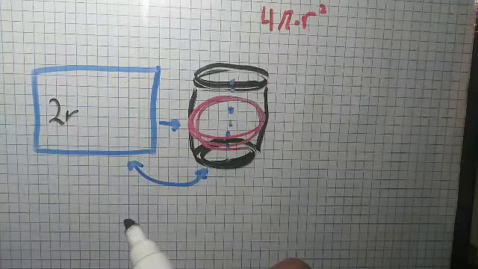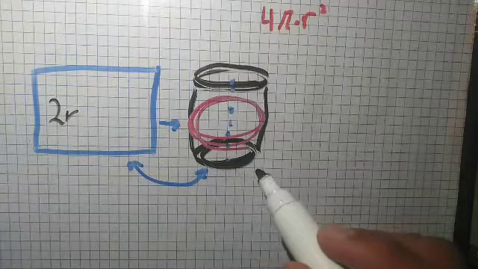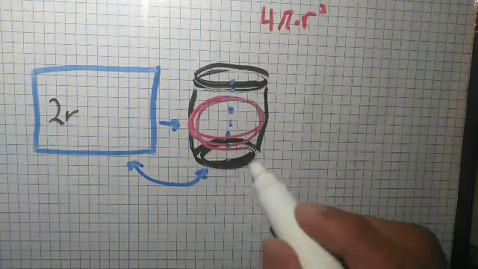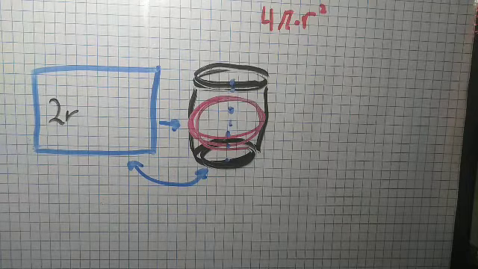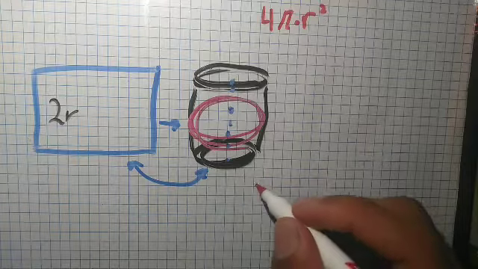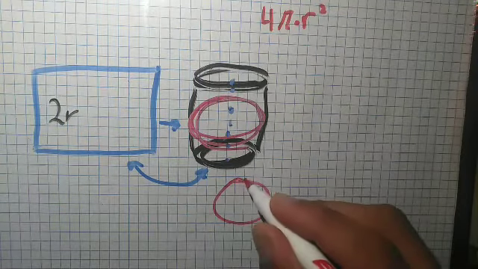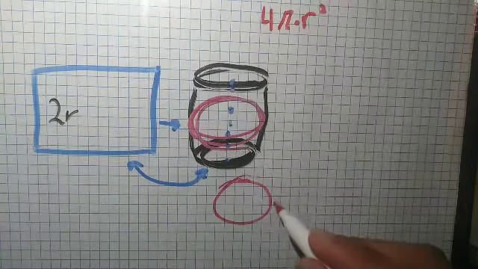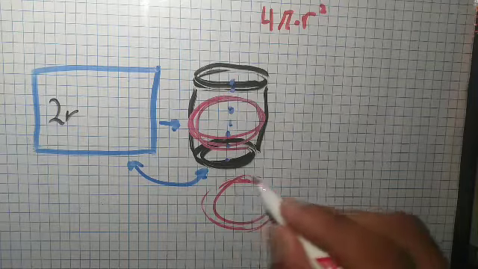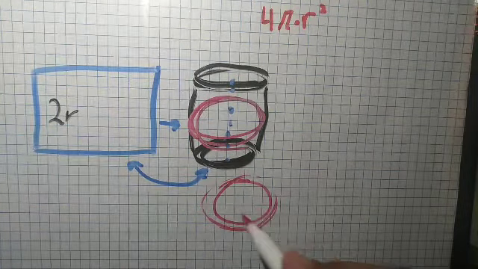And the width, we'll call it the circumference, the circumference of the base of this open cylinder. Because any time you look at any circular shape, you have a circle as the base, the circumference is basically the measure of the distance around the outside, following the outside of the circle.